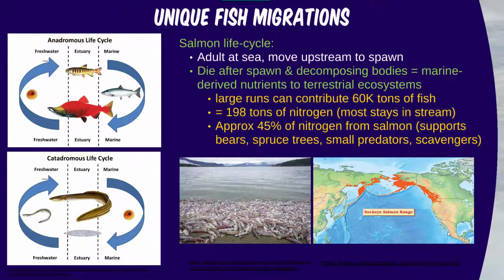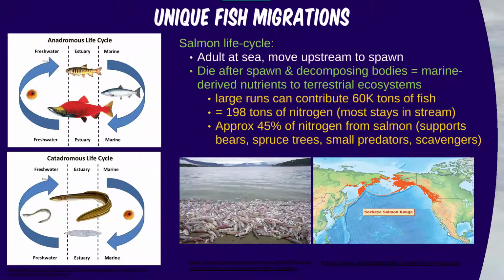So a large run of salmon can contribute approximately 60,000 tons of fish, which equates to about 198 tons of nitrogen. And most of this nitrogen is going to stay upstream and be absorbed and utilized by the ecosystem, in terms of the trees that are going to utilize some of this nitrogen from the soil.